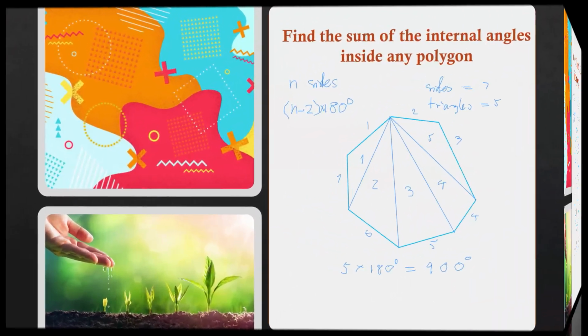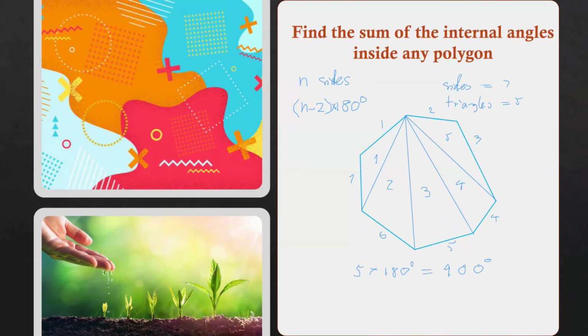To summarize the lesson today, in order to work out the sum of all the internal angles inside any polygon, you need the idea that the sum of internal angles inside a triangle is 180. You really need that. And in a video, I show why the sum of internal angles inside a triangle is 180.